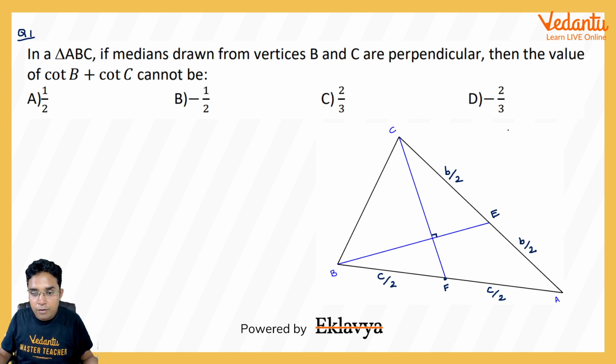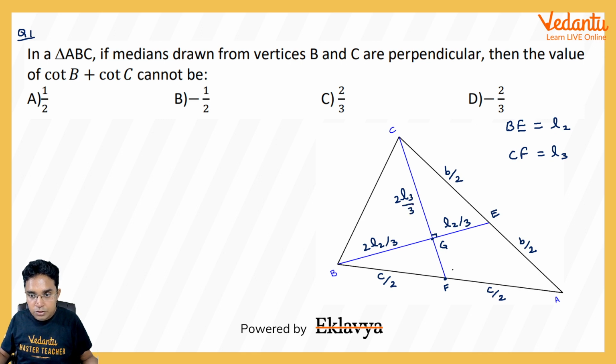Now if I call the length BE, the median passing through B, as L2, and the length of the median passing through C as L3, and because their point of intersection is the centroid, which divides the medians in 2:1, this length BG will be 2L2 by 3 and this GE will be L2 by 3. Similarly, the CG length will be 2L3 by 3 and this GF length will be L3 by 3.